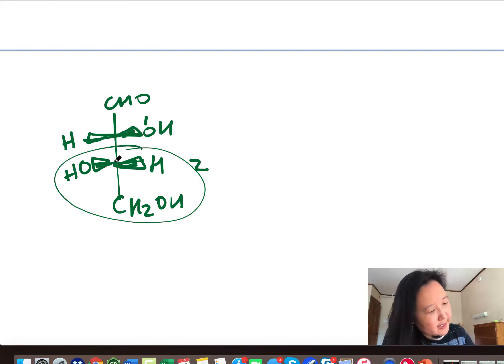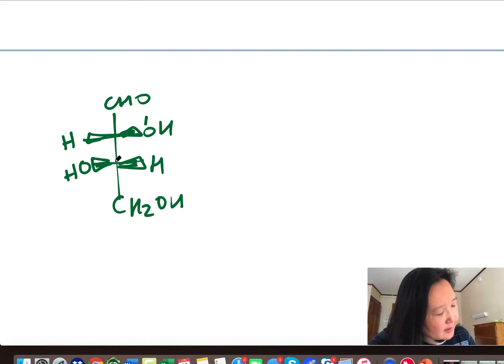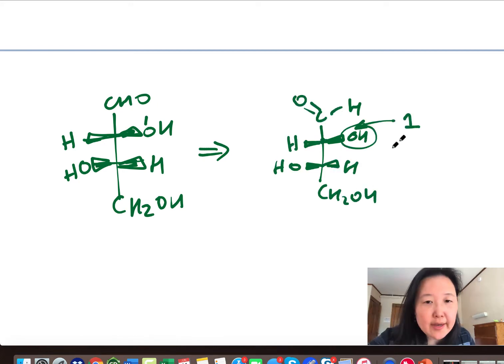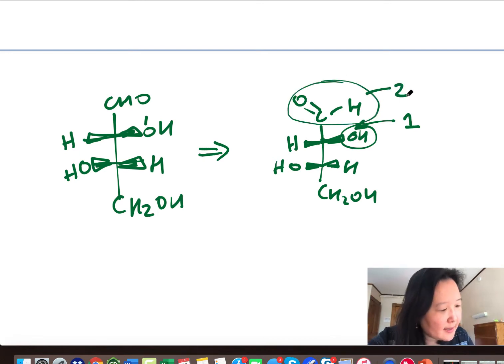It's good to draw out the aldehyde. And then I'm looking at this carbon versus this carbon, and this carbon has 1 oxygen, and this carbon is like 2 oxygens. So this group will be considered 2. This whole thing will be my 3rd, and then hydrogen will be 4.